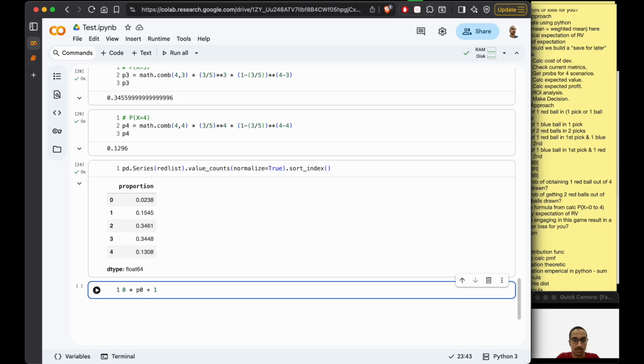So 1 into P1 plus 2 into P2 plus 3 into P3 plus 4 into P4.